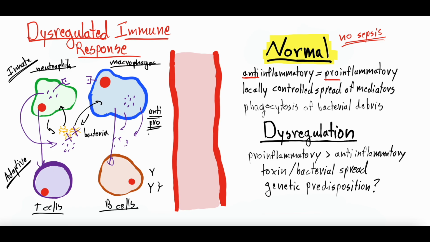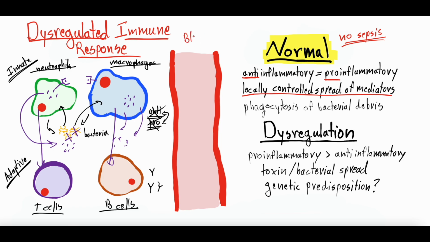You need pro-inflammatory mediators to help fight off the infection, but you also want to balance that out. So these usually balance each other out, so that this immune response doesn't run rampant and run wild.